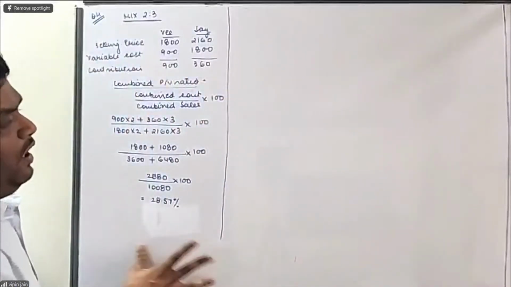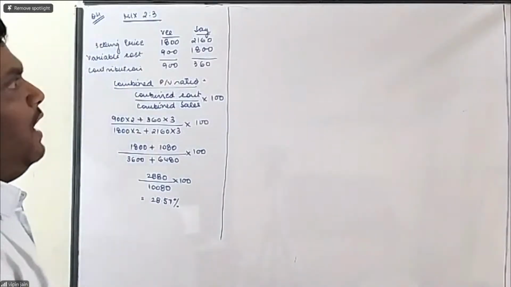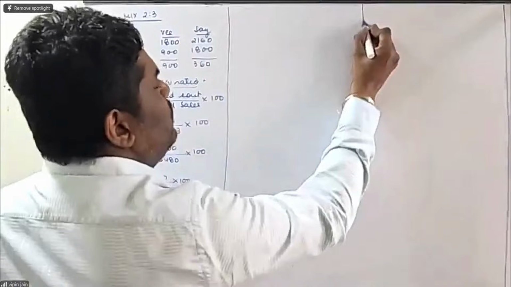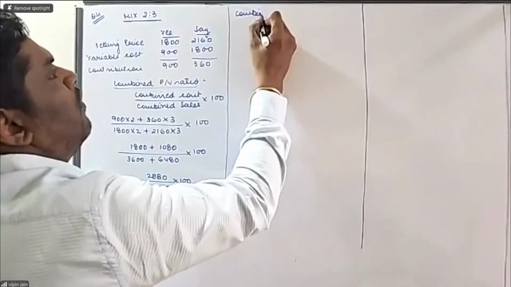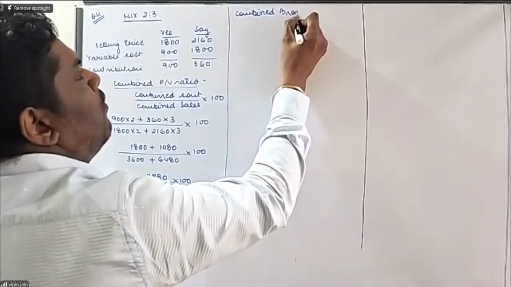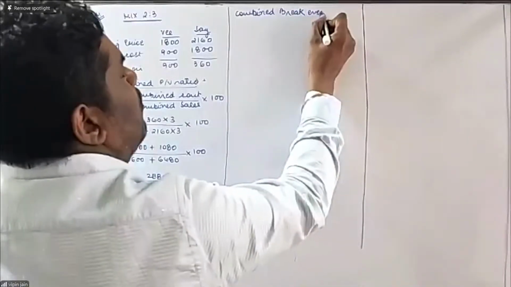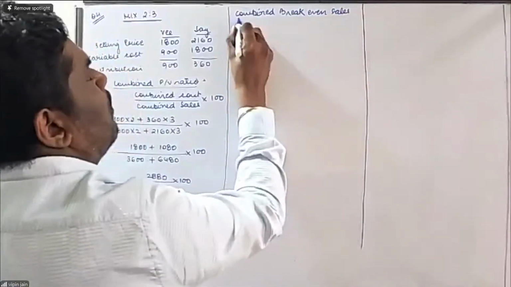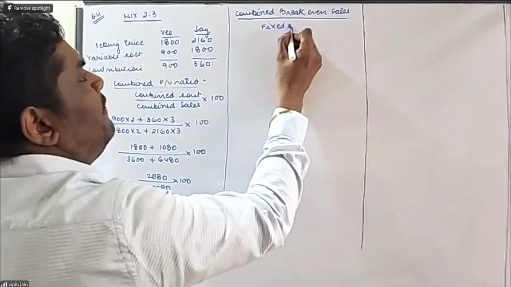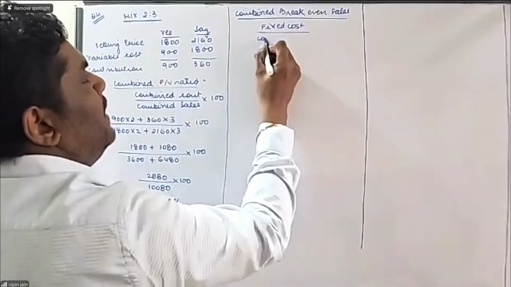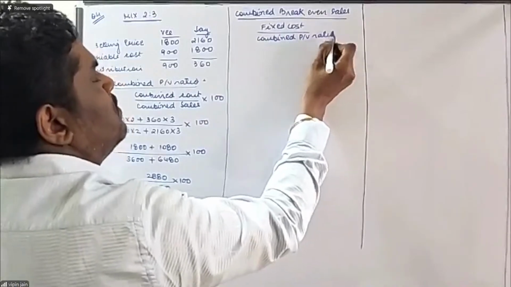So this is my combined PV ratio, that is 28.57%. Now, once this part is calculated, we can easily calculate the combined break-even sales. That is fixed cost divided by combined PV ratio.